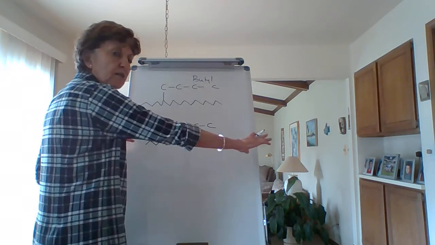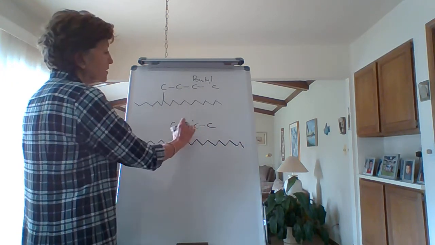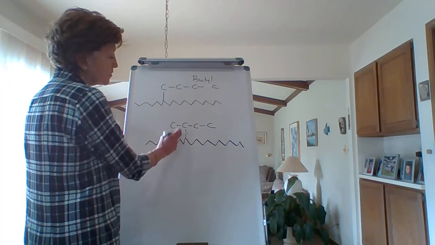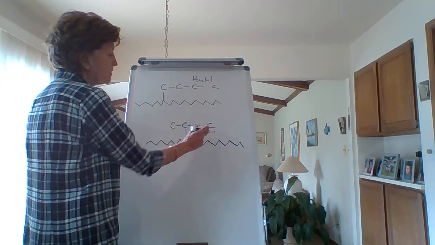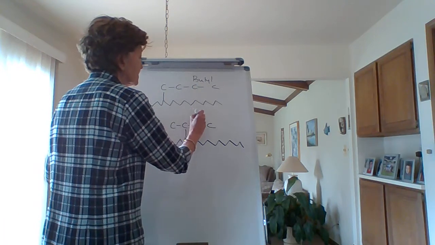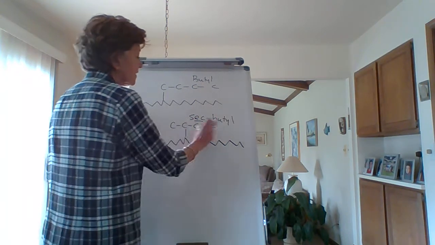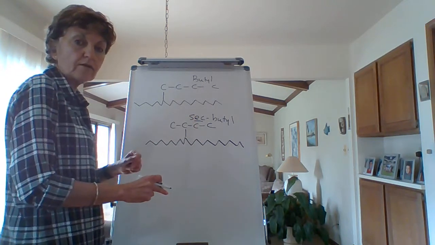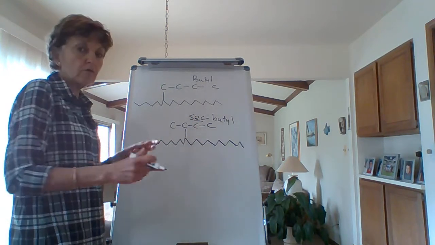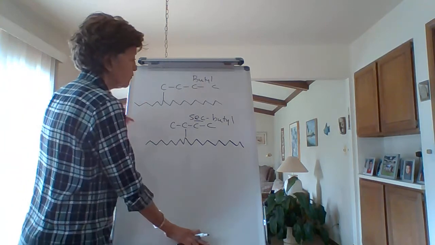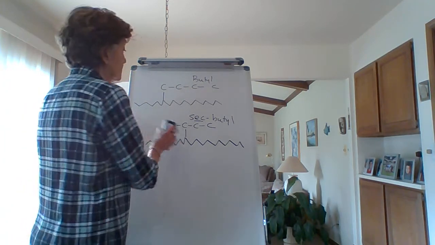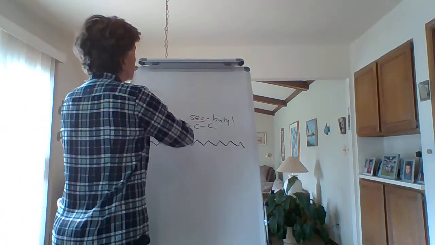Doesn't matter, you don't need to name the parent in this video. This over here, because it's hooked up from the second carbon, not the ends, this is called a sec butyl. And the sec, like I told you earlier, is underlined. Okay, now these two are the first two. I'm going to erase this and I'm going to show you the other 2 butyls.